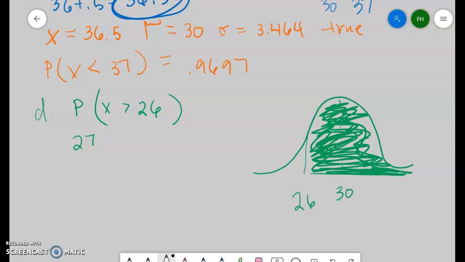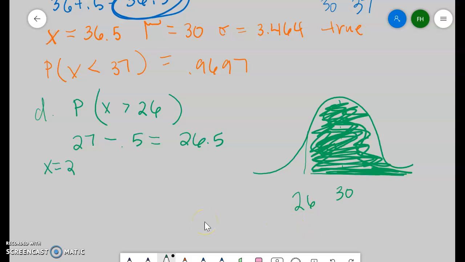Now, since it's our left boundary, remember, if it's your left boundary, you have to subtract 0.5. So 26.5 is what we're going to look up for our probability. We know that our mean is 30 and the standard deviation is 3.464, but X is going to be 26.5.